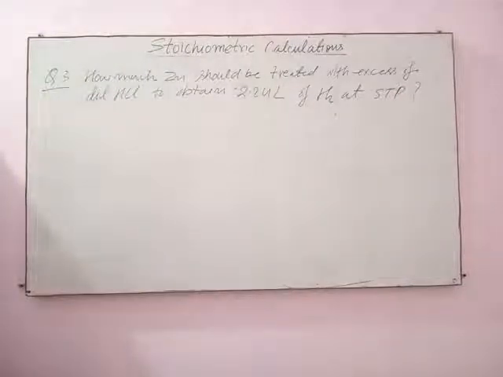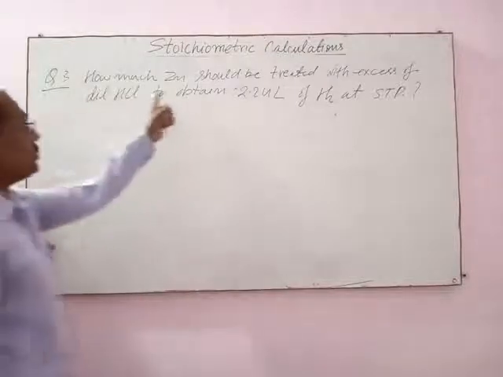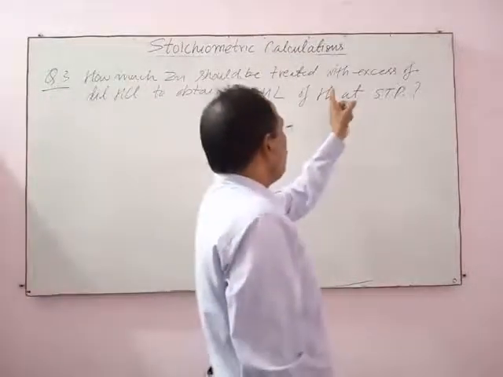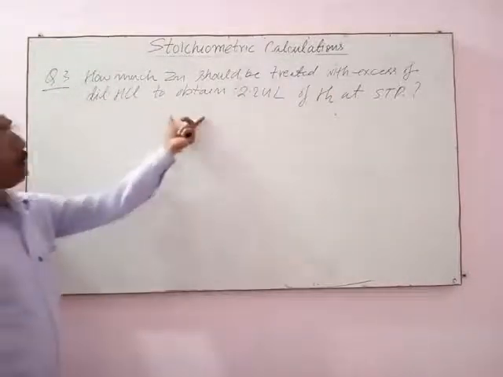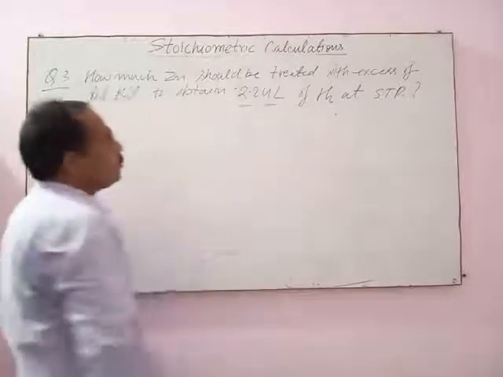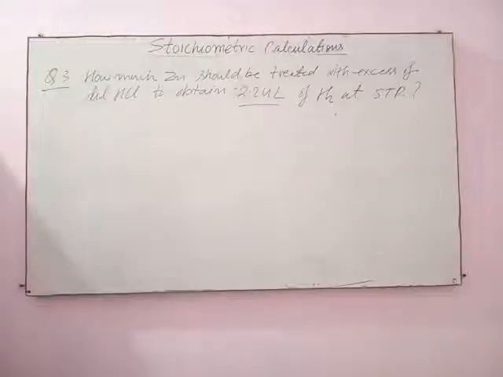This is the question. How much zinc should be treated with excess of dilute hydrochloric acid to obtain 2.24 liters of hydrogen at STP?